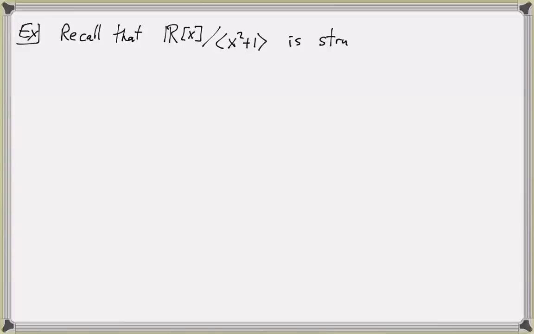So let's look at a quick example using this theorem that we just proved. Recall previously that we showed that the ring of polynomials with real coefficients mod the ideal generated by the polynomial x squared plus 1 is structurally identical to the field of complex numbers.